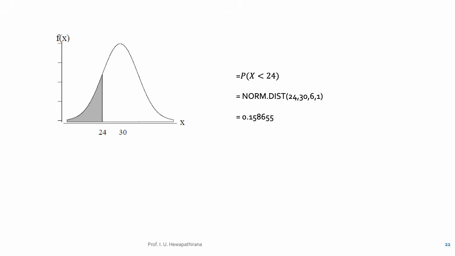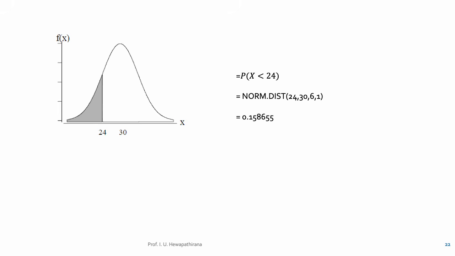So the probability that a person does another crime within 2 years after release from prison is 0.1586. So that is one way to calculate the probability.